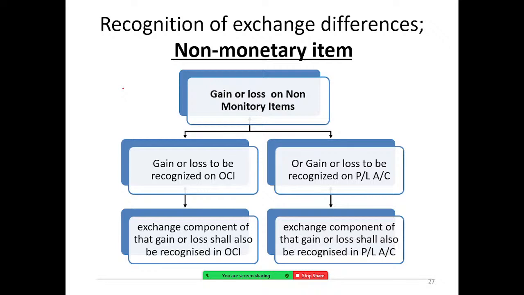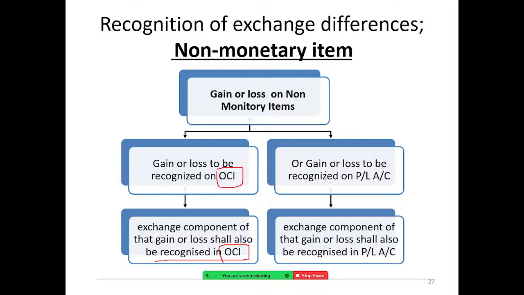So this is the summary of that. Regarding non-monetary items, a gain or loss to be recognized in other comprehensive income, if it is connected with revaluation, then the exchange component of that gain or loss shall also be recognized in other comprehensive income.